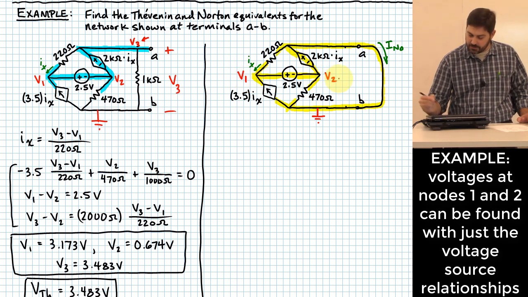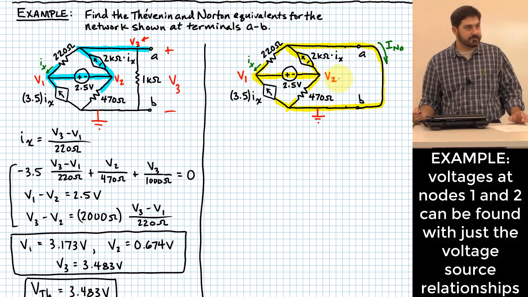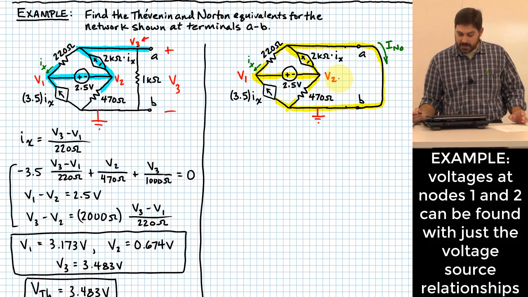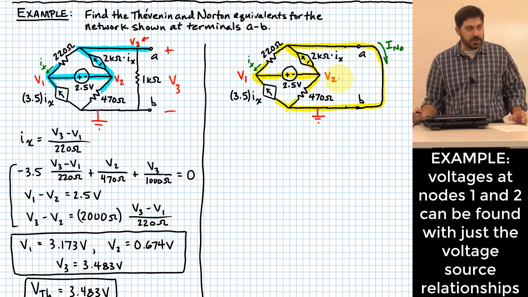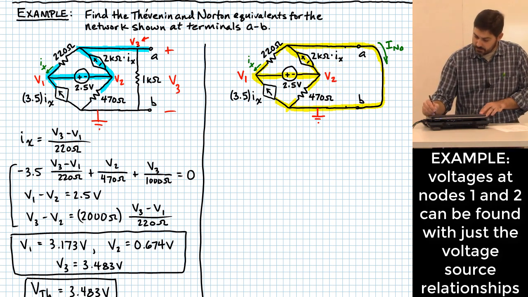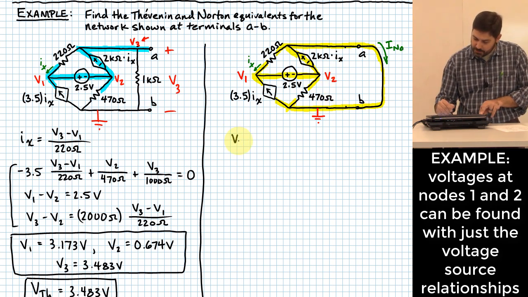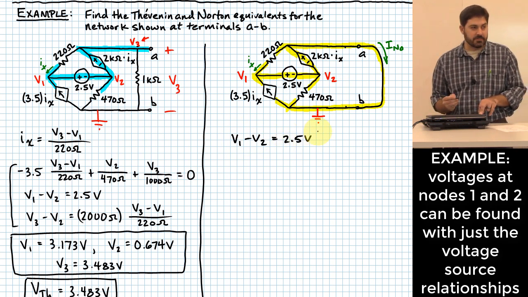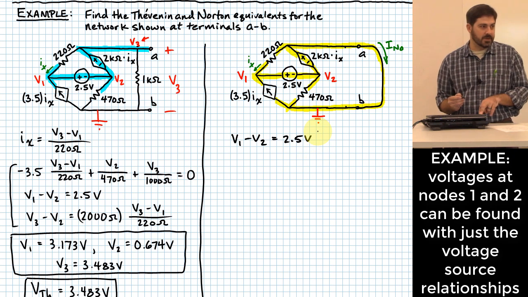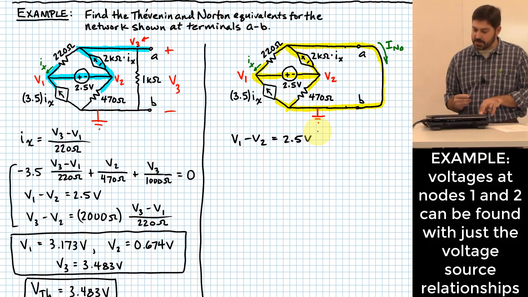V1 and V2, right? And can I make some relationships for V1 and V2? Sure. My relationship of V1 minus V2 is equal to 2.5 volts. That's still valid. What other relationships can I do?